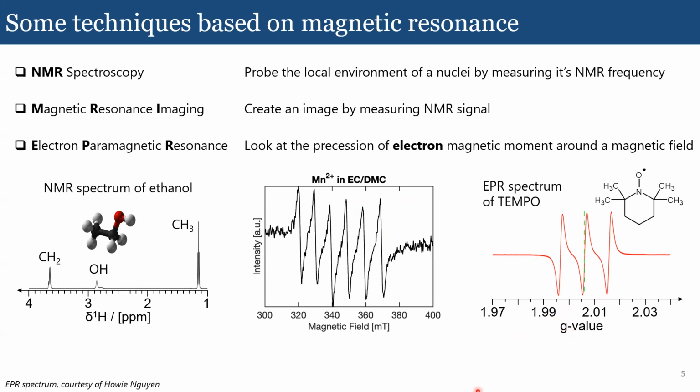The main advantage of NMR is that it has a much higher resolution, which means that the distance between two signals is much higher in NMR than in EPR. But on the other side, the EPR technique is much more sensitive than NMR, and you will see later why NMR sensitivity is not great, to say the least.